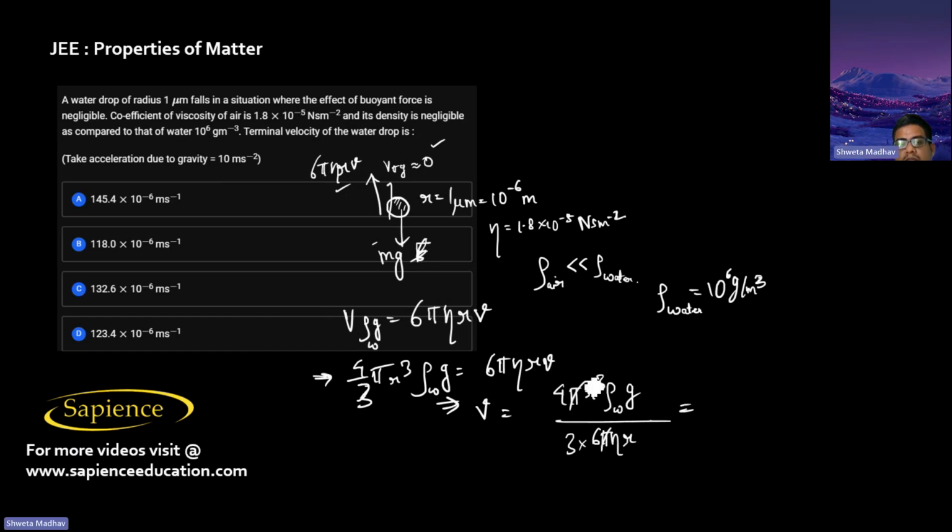Pi will cancel, and then r square will be there. 2 3s are 6, 2 2s are 4. So this will be r square rho w into g by 9 eta.